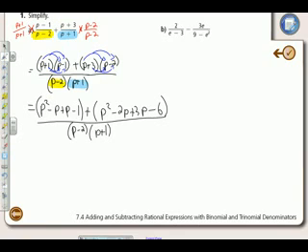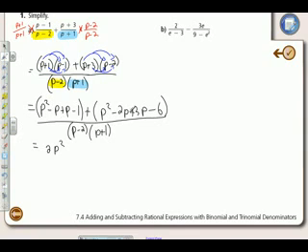Collect like terms in the numerator. I have a positive, so I can take the brackets right out. I don't have to distribute a negative or anything like that. So I can just go p squared plus the p squared gives me 2p squared. Then I've got minus p plus p, gone.